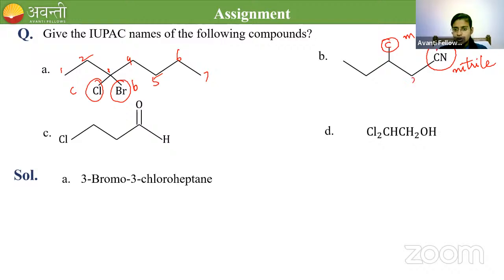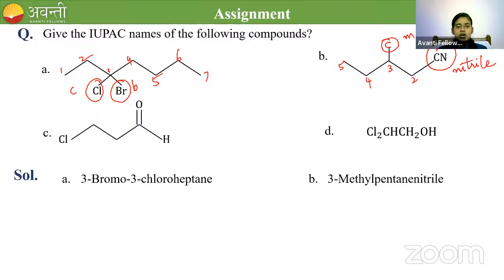So carbon number 1, 2, 3, 4, and 5. Carbon number 3 has methyl attached to it. So it is 3-methyl pentane nitrile.